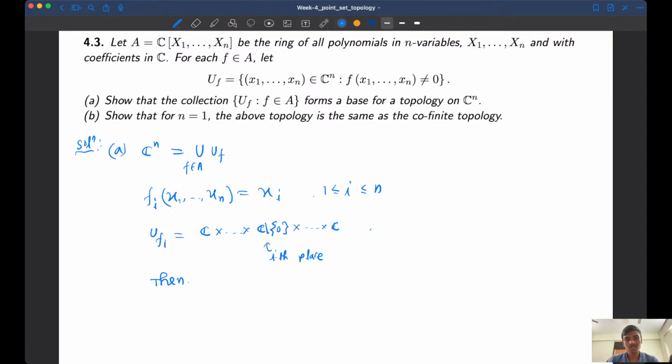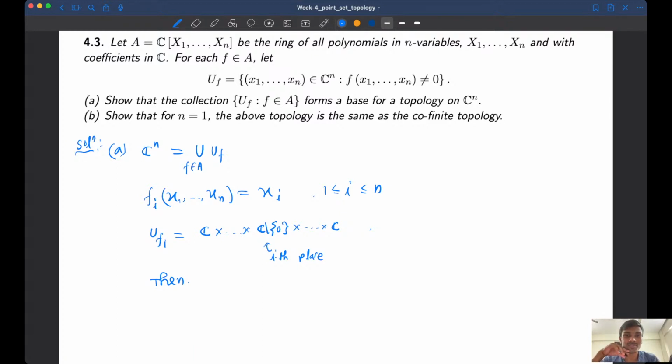Because if all the coordinates are non-zero, then that point lies in all of them, that's fine. But if all the coordinates are 0, then that point does not lie anywhere, right? So I have to guarantee the 0 point.